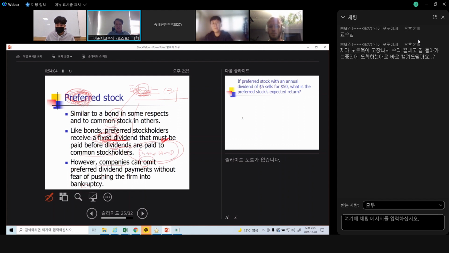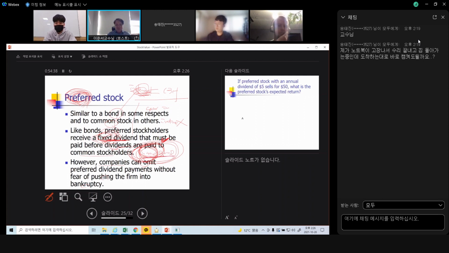Income bond means the coupon interest is determined depending on the performance of the company, performance of income, so positively related to the income. So even if this is a bond, the interest is not fixed but changes depending on performance, depending on income. So that's why the name is income bond.